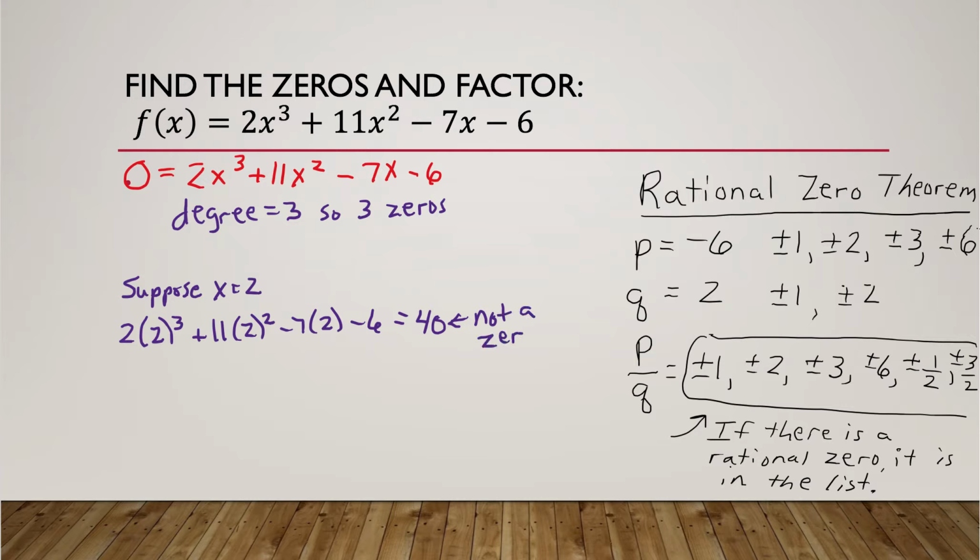I know that because when I plugged 2 into the function, I didn't get 0 out. Remember, if you're talking about x-intercepts, when you plug the x value in, the y value should be 0. So if the y value is 40, I know that I'm not looking at a 0. All right, so I'm eliminating that. That's not correct. So let's try another one. Let's try 1.